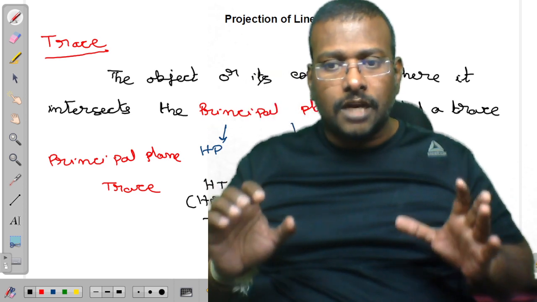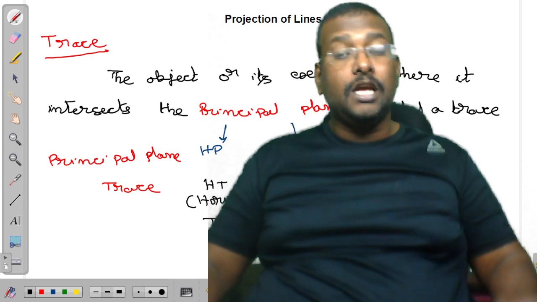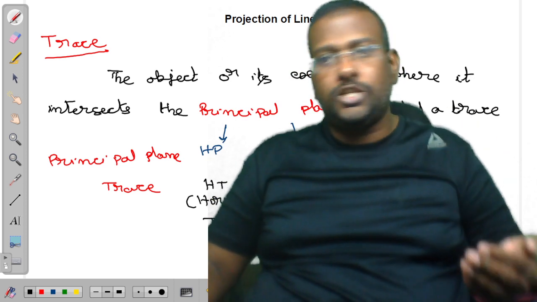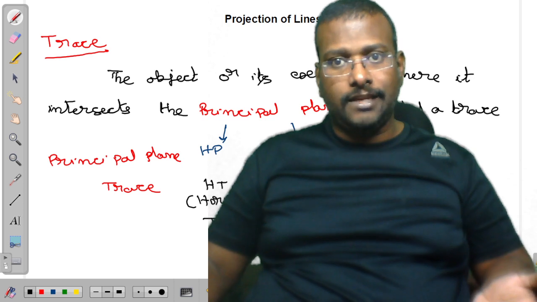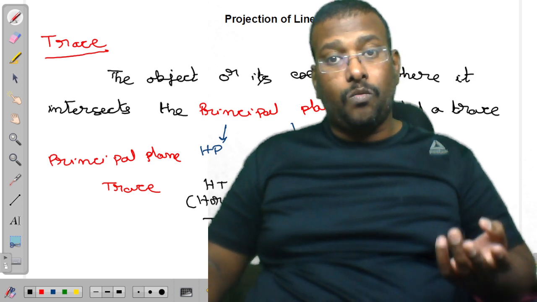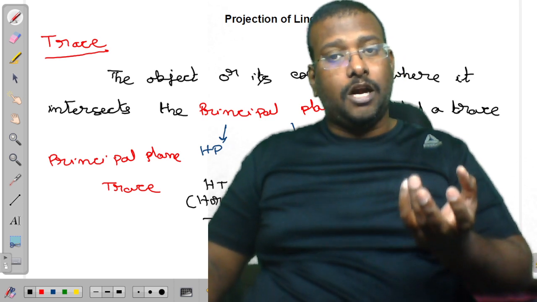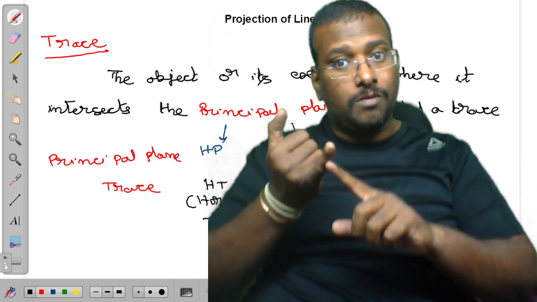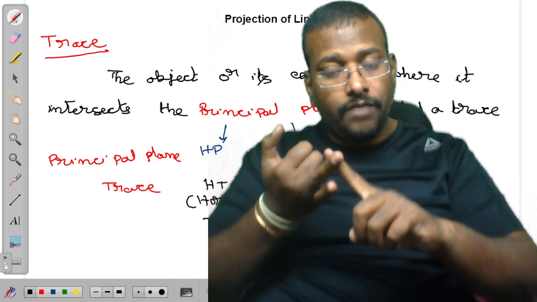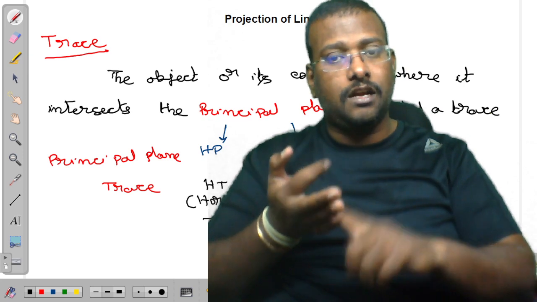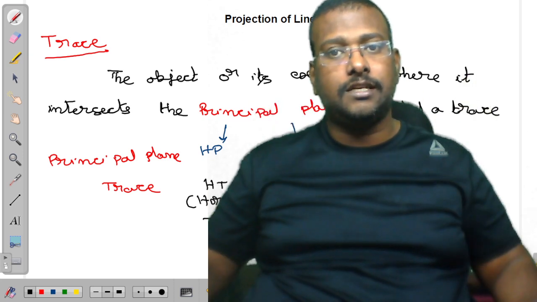So these are the terminology. Now, what are the different situations possible for a line in space, and what are the outputs, meaning front view, how much length, how the front view is, and whether it has the trace or not. All these things we'll discuss in the next video.